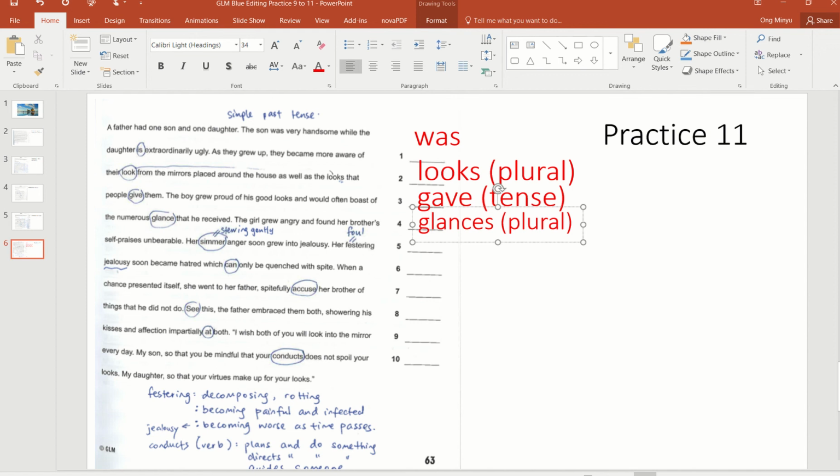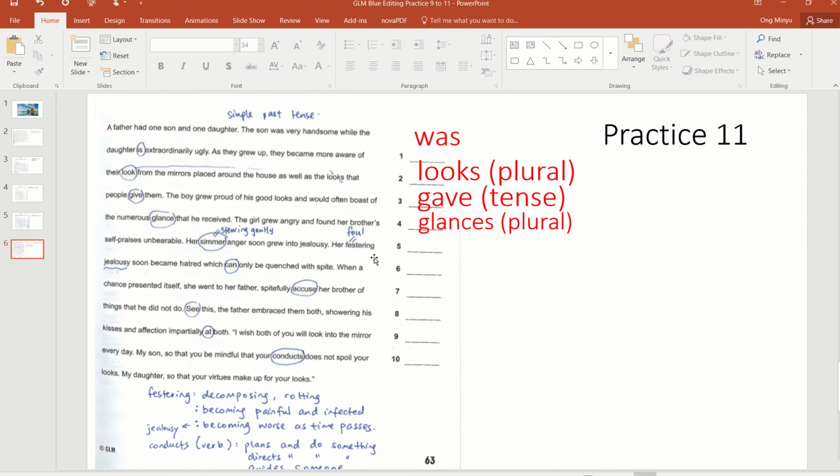Her simmer anger soon grew into jealousy. Her festering jealousy soon became hatred, which can only be quenched with spite. Okay, let's go back to the fifth line first. Simmer means grow. And in this context, it should be the adjective form of the word simmer. Therefore, what form? Think. As you can see here, festering, ing.